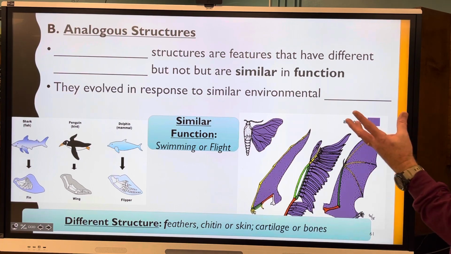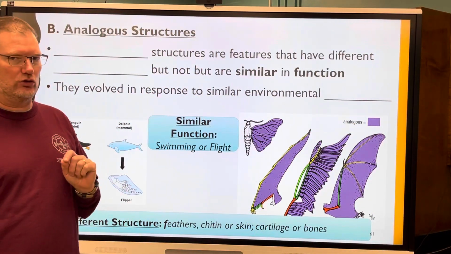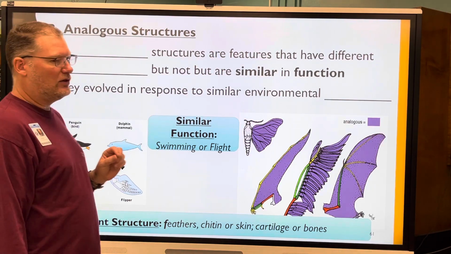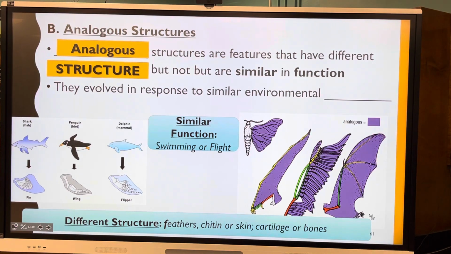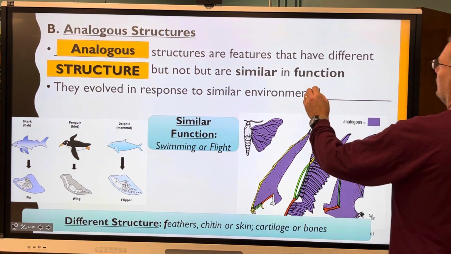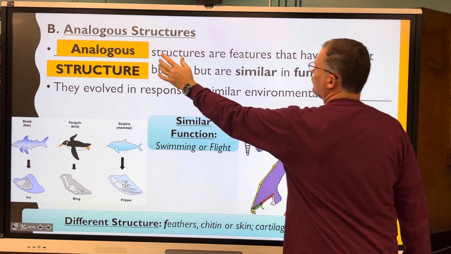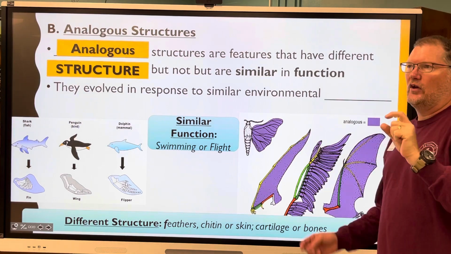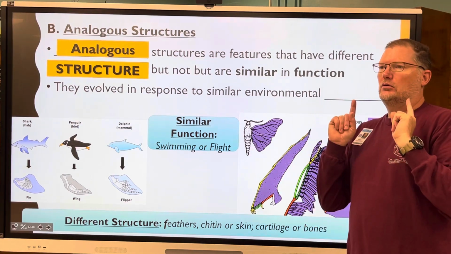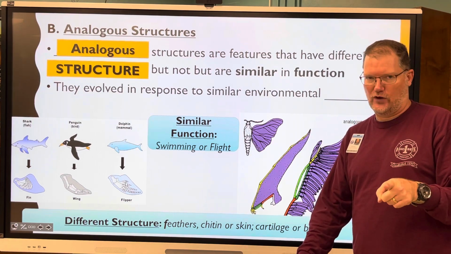Now, similar but different, okay, is analogous structures. So these structures have features that have different structure but similar function. The other one was the same structure but different function.